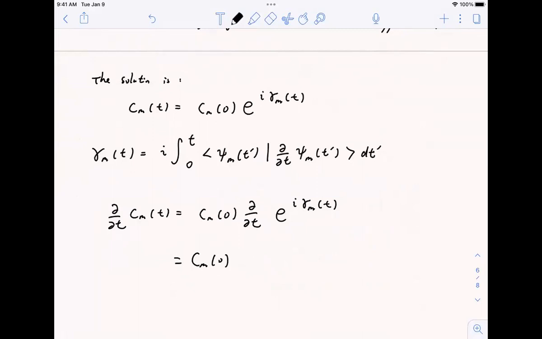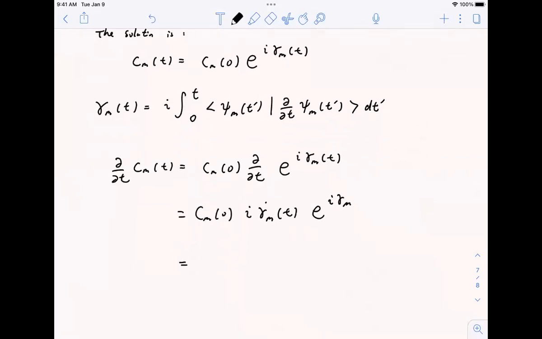So this one will be i m dot t. And then this derivative here would just give you i.